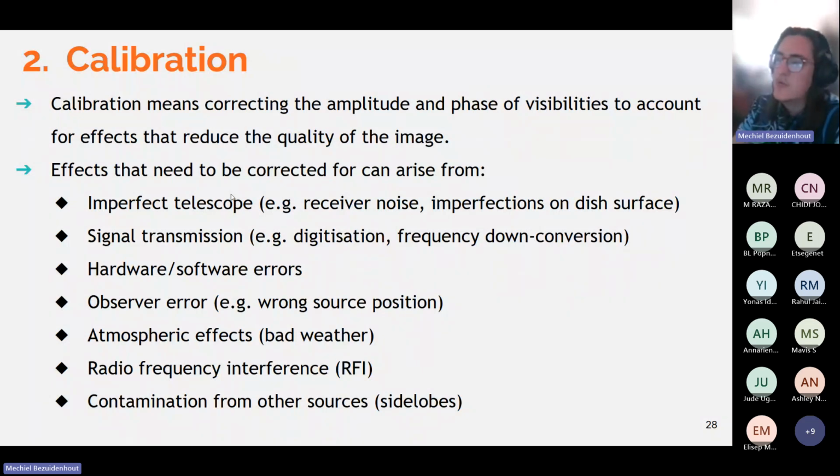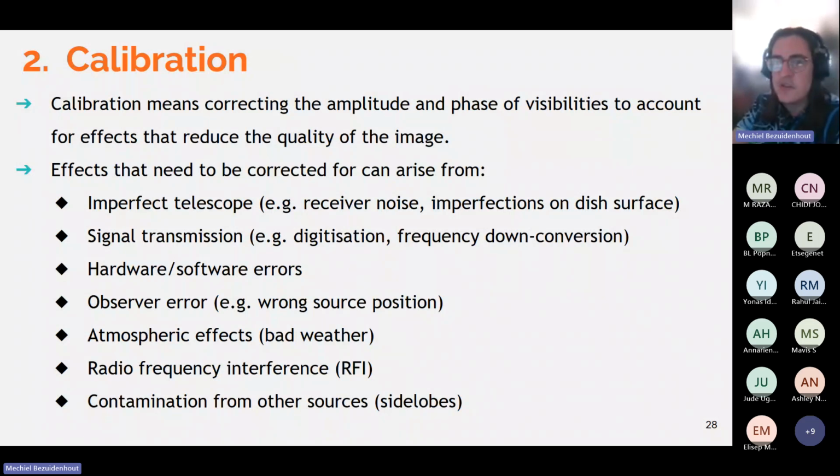So the receiver adds noise to the measurements. And there can also be imperfections on the surface of the dish that can affect things significantly. Then there are also errors that come from transmitting the signal from one part of the receiver system to the next.